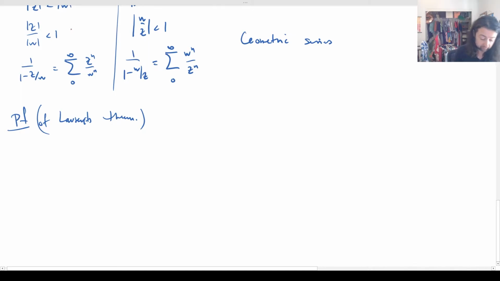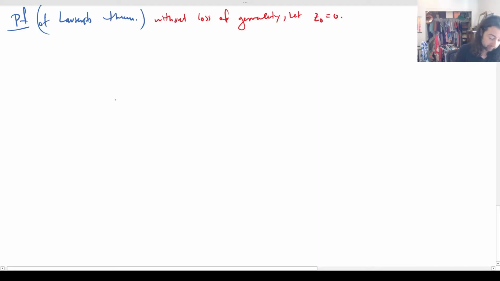So without loss of generality, let z naught just be the point 0. So we're going to center the annulus at 0, and this is what our picture looks like.